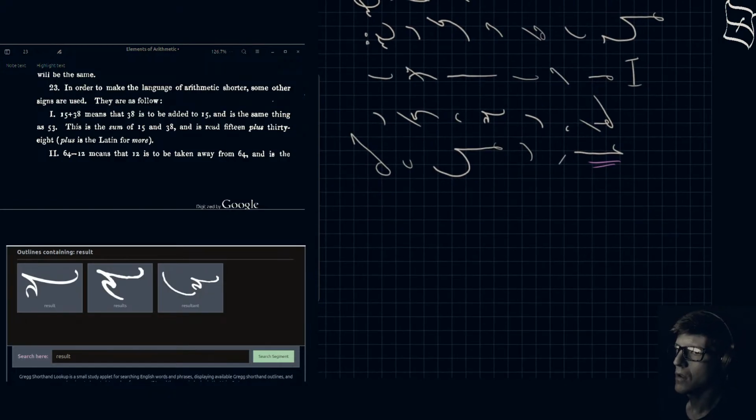The symbol of addition is the cross, I guess you'd say, is known as the plus sign. It's known as plus.